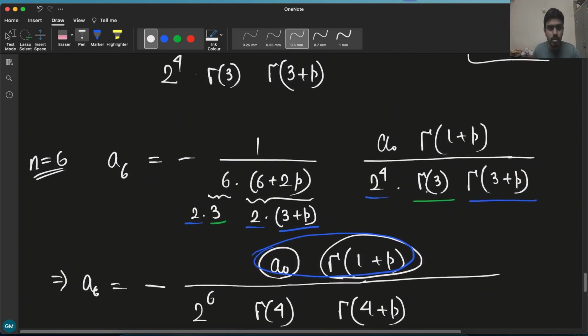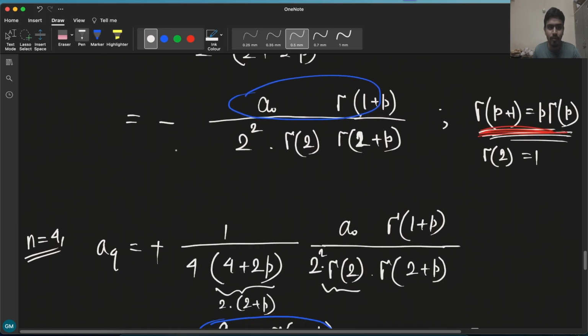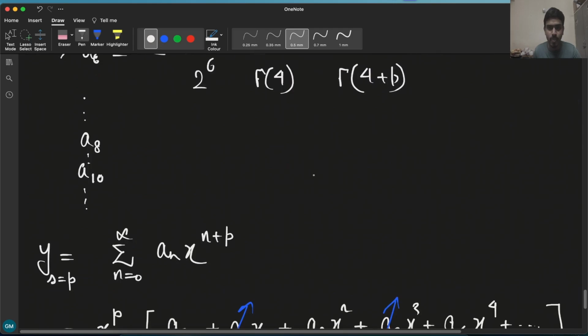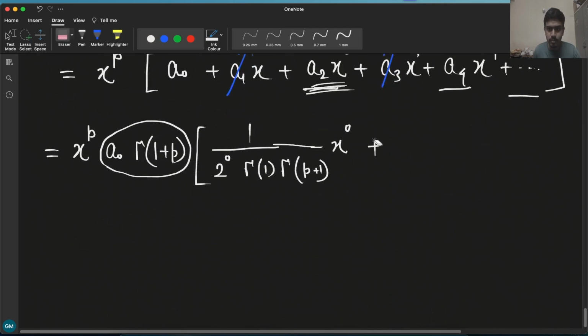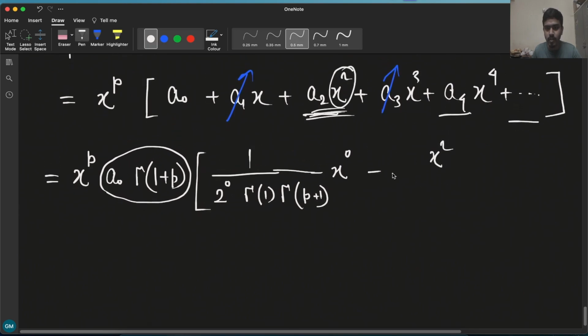So this a2 I can find from this expression here. From the numerator I took that outside of this summation. So we are left with minus 1 by 2 square gamma 2 gamma of p plus 2, so it will be minus x square divided by 2 square gamma 2 gamma of p plus 2.